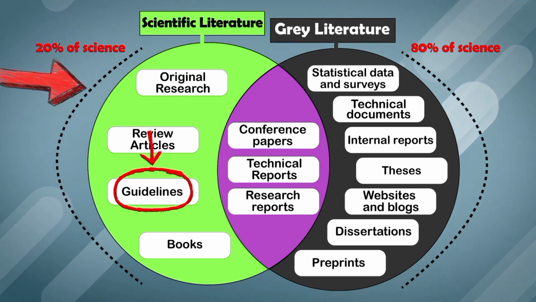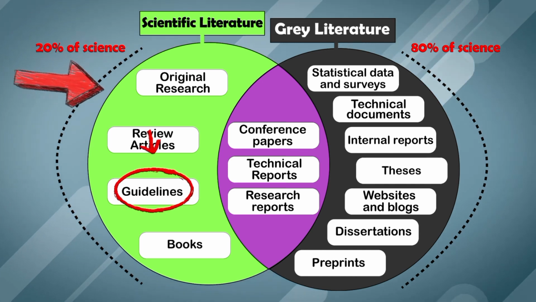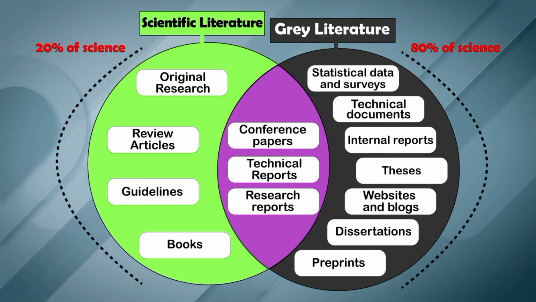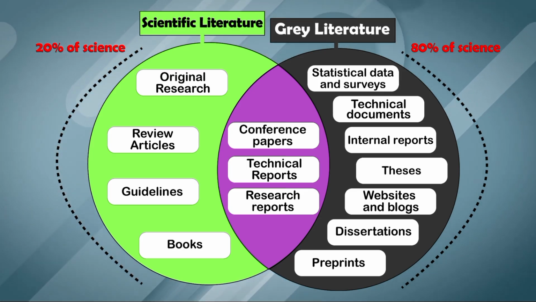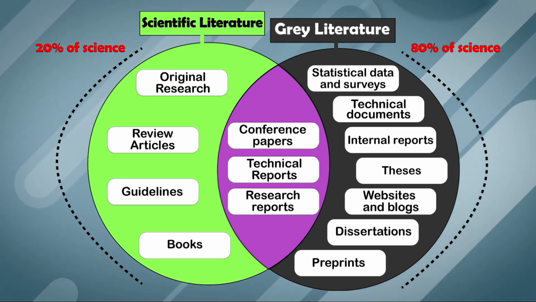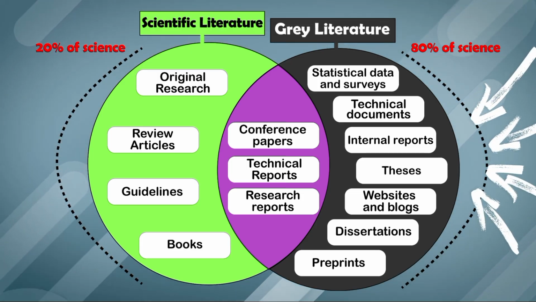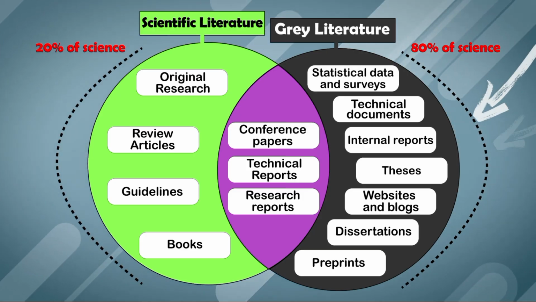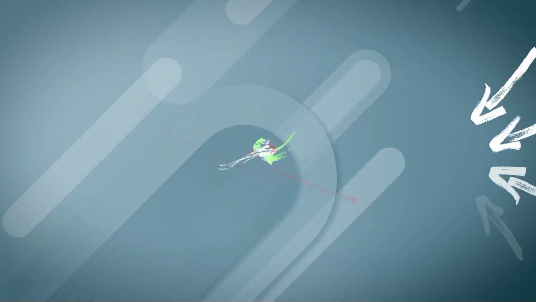Guidelines also stand at the top of scientific literature, since they are developed based on systematic reviews of evidence and expert consensus. In contrast, short conference papers or technical reports, due to lighter or informal review processes, are often classified as gray literature. In this way, the boundary between scientific literature and gray literature becomes clear.